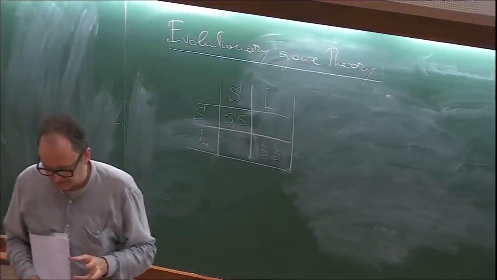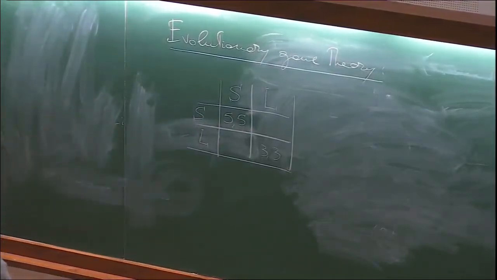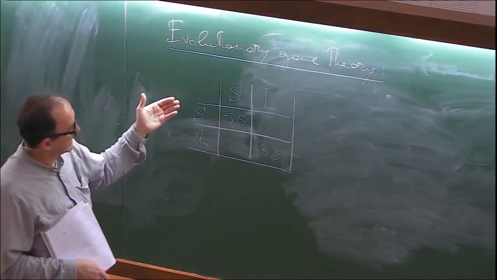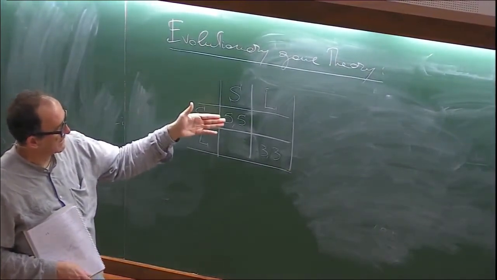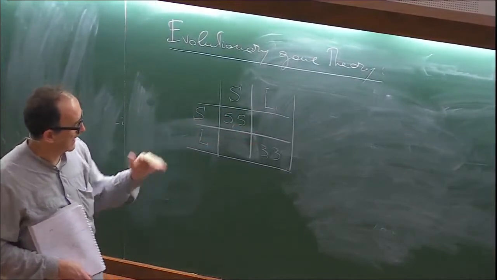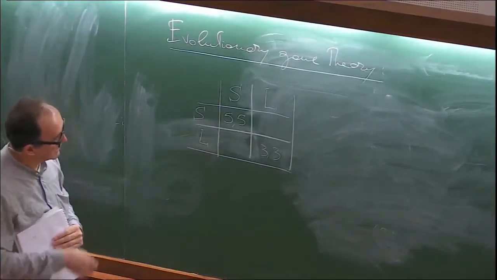You can imagine that every time these beetles have to look for food, they interact and can meet a small beetle, or a large beetle, okay? And vice versa. And so it's like a game.